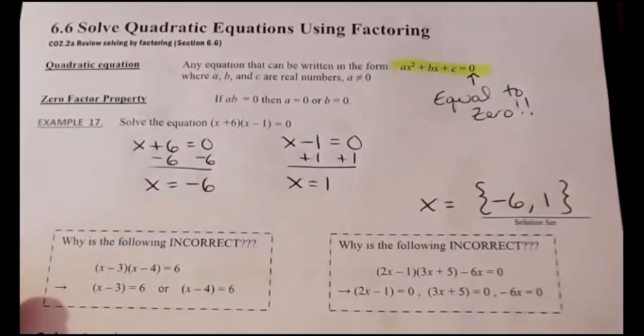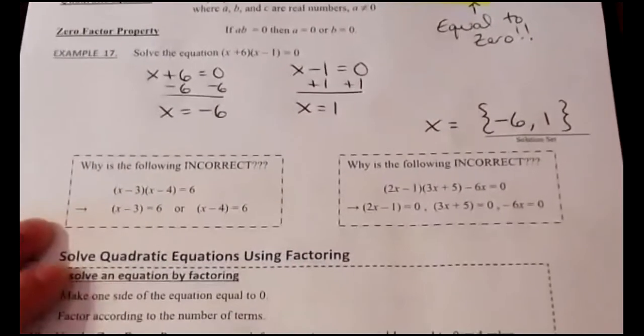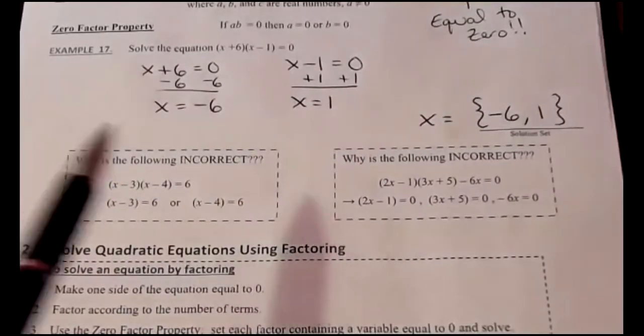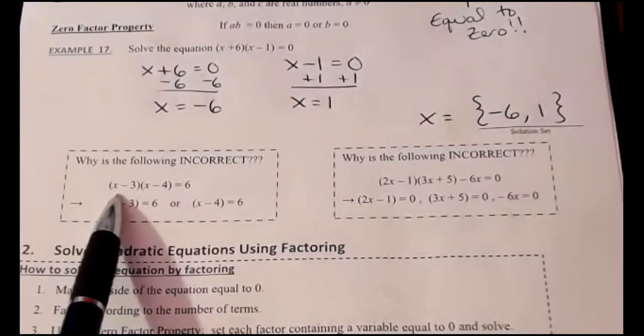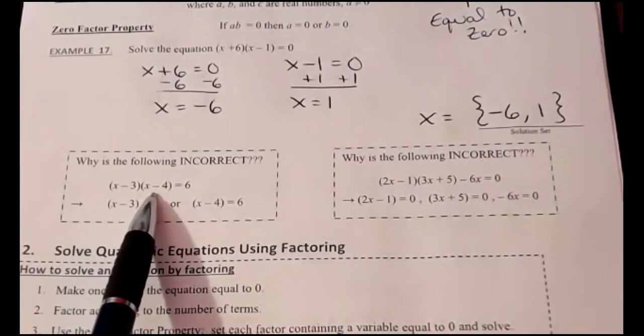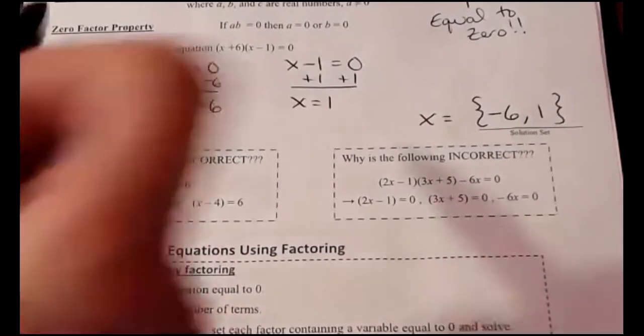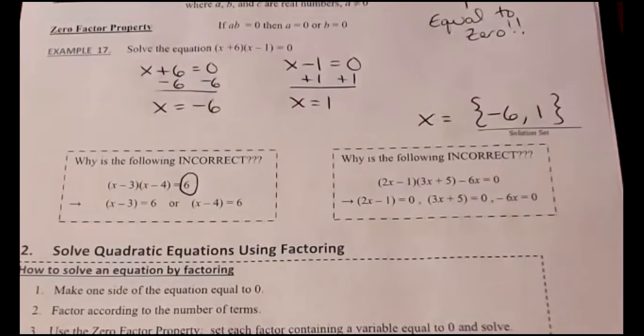Very cool. Now, I want to show you this first box because I've seen students do this. So for instance, imagine that I presented to you (x - 3)(x - 4) = 6. Well, hopefully right away, you're noticing that this is equal to 6 and it's not equal to 0, which is a problem.